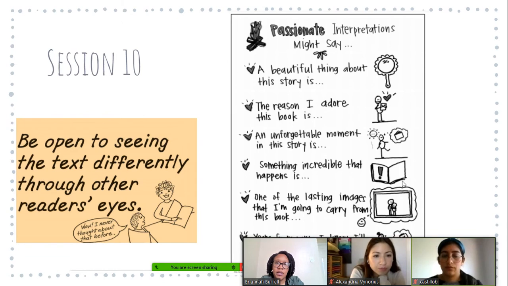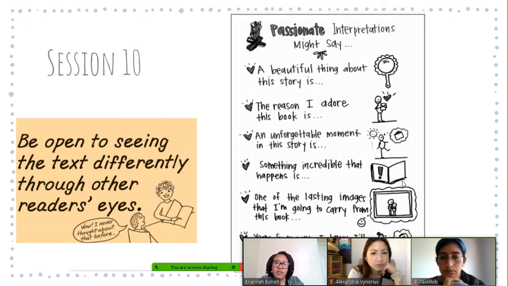In session 10, you're going to help your students understand that in your book clubs, there are going to be problems. And one of those problems is that your book club members may see characters or ideas and have different ideas. So one thing you're going to teach them in this bin is to learn how to agree and disagree respectfully, and also how to use evidence to back up their thoughts and their ideas.